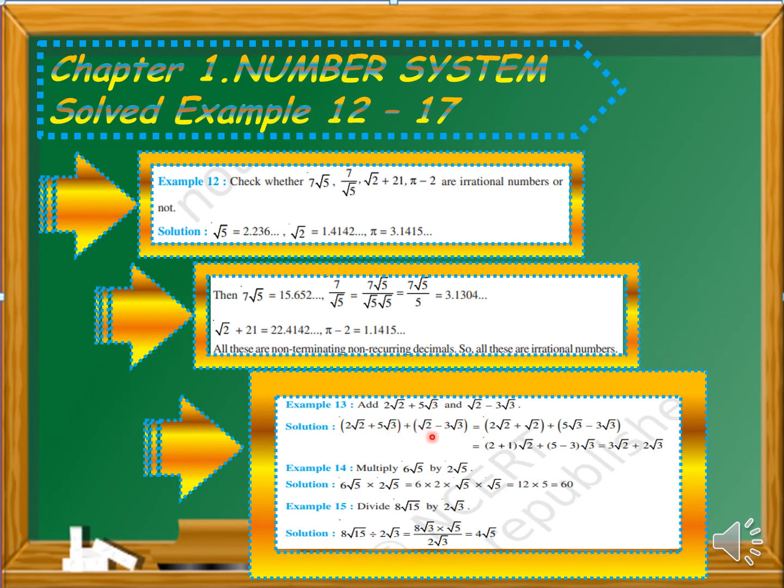Here root 3 and here root 3 is seen, so these both can be brought to one side. So after bringing it, 2 root 2 plus root 2, in brackets, plus open bracket 5 root 3 minus 3 root 3 close bracket. So after bringing the like terms, we will get this particular expression.